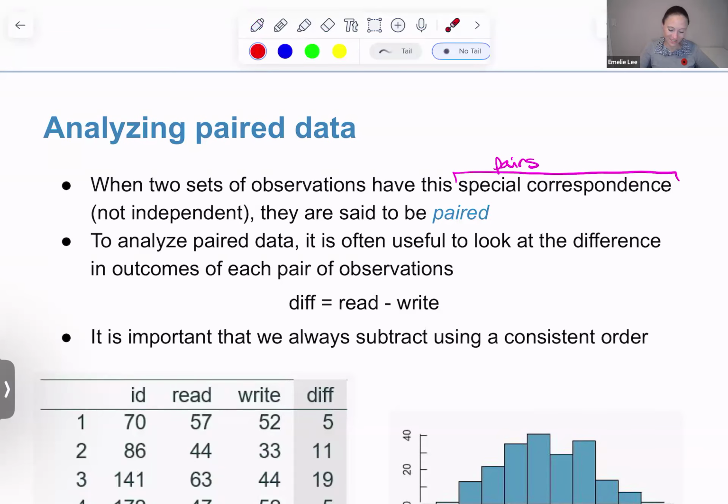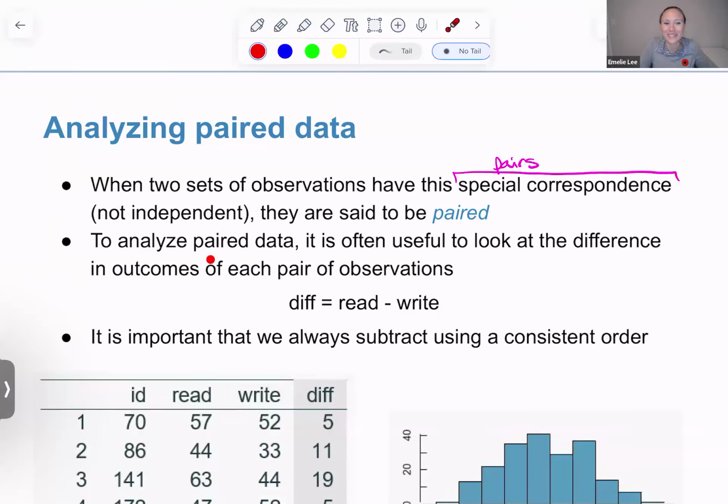If they're non-independent, then we call them paired. If they're not independent, that's okay. We have two measurements from each student. The independence condition still has to hold, that each student is independent of the next student. I'll point that out in a bit.